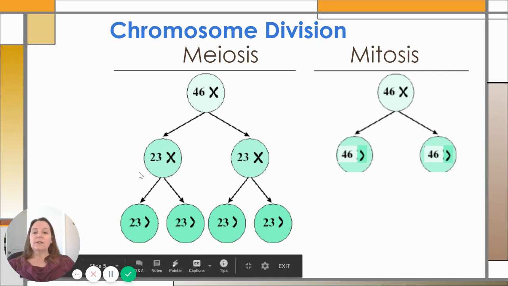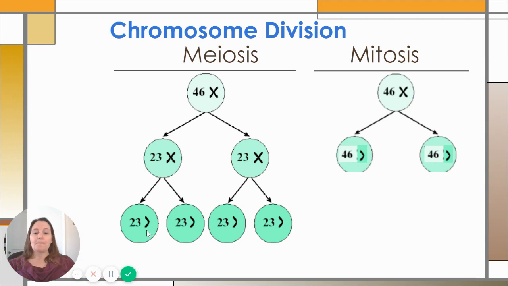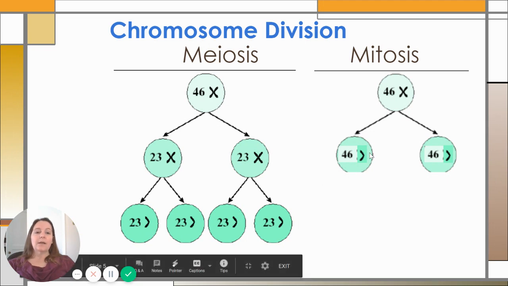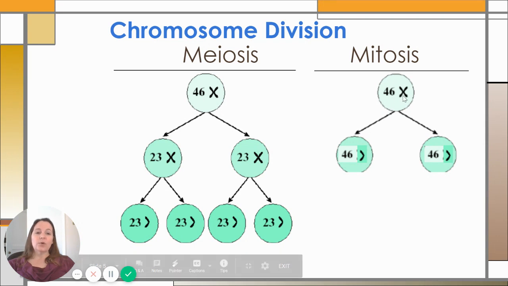We decrease the number of chromosomes by half, because in mitosis, when we just make a copy of the cell, you have your 46 X-shaped chromosomes, you pull them in half, and now you have 46 I-shaped chromosomes, which are identical to the parent.